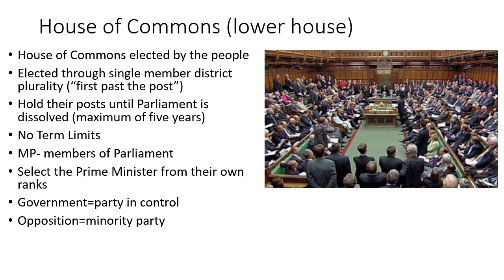So, as we said, the House of Commons is elected by the people through a process known as single member district plurality, also known as first past the post. More on that in a few minutes. Once you are in that position, you hold that position until Parliament is dissolved. So in the UK, there's a maximum of 5 years in between elections.